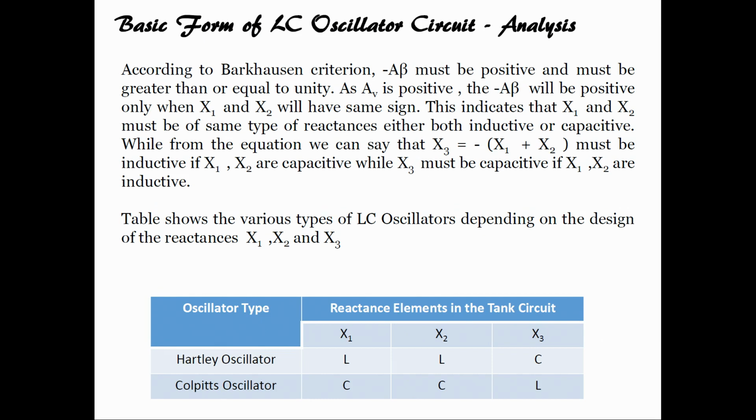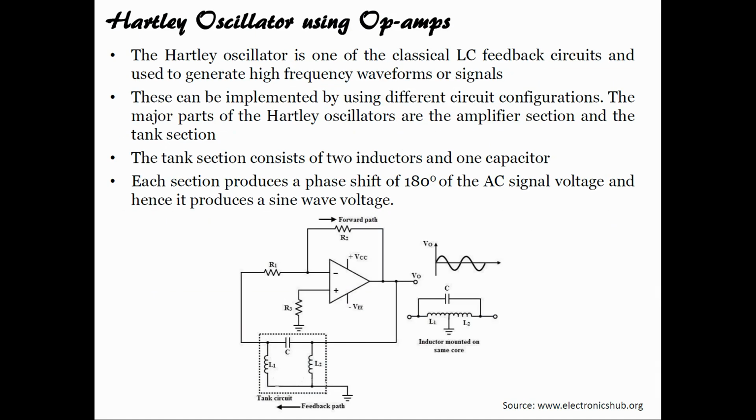If x1 and x2 are inductive and x3 is capacitive, it is a Hartley oscillator, and if x1 and x2 are capacitive and x3 is inductive, it is a Colpitts oscillator. We have seen this. Now, if I want to design a Hartley oscillator, this is the way to design it.